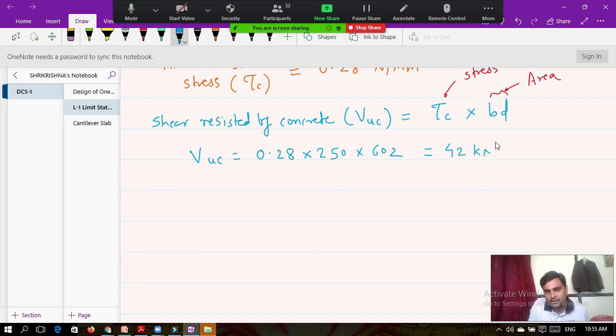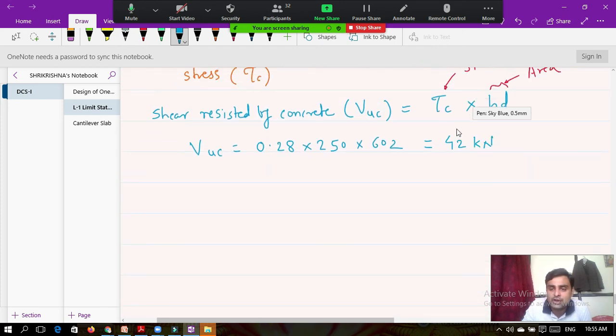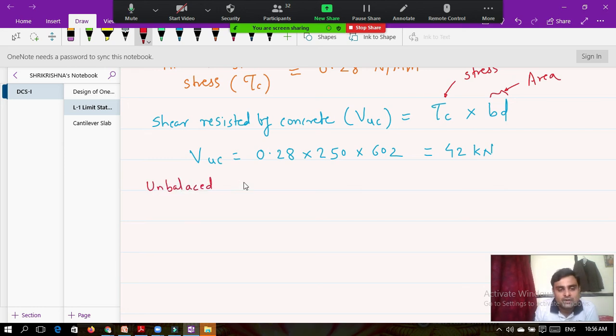Okay, so now out of 54 kilonewton shear force, 42 kilonewton is resisted by the concrete. So we will calculate the remaining shear force, which we call the unbalanced shear force, VUS, which is equal to the total shear force VU minus the shear resisted by concrete VUC.